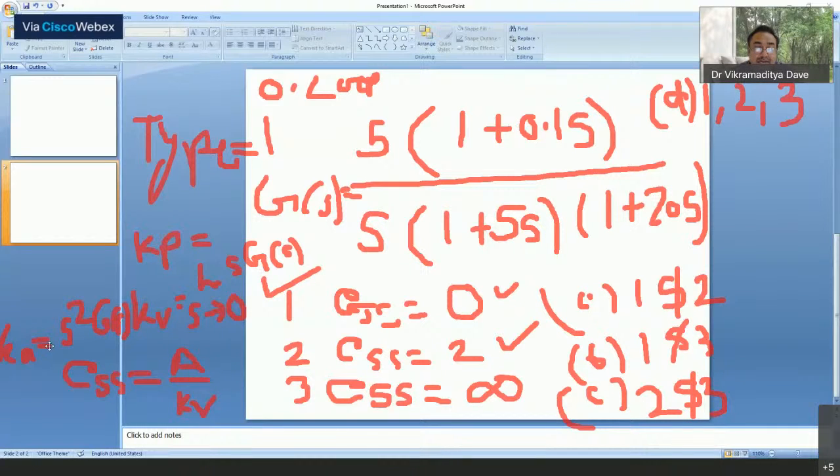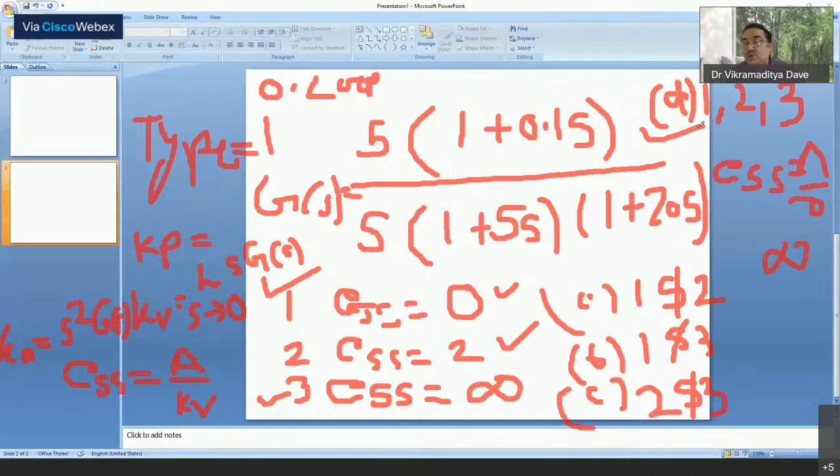When I apply limit s tends to 0, this whole will become 0, so Ka will become 0, and therefore your steady state error, which is amplitude A upon Ka, comes out to be A by 0, so it became infinite. Oh great, so the third is also correct.